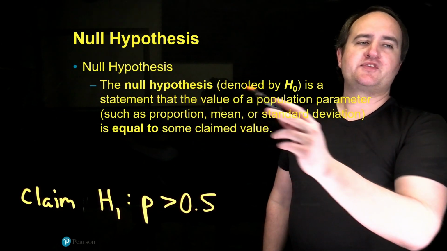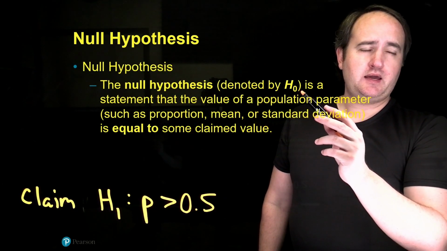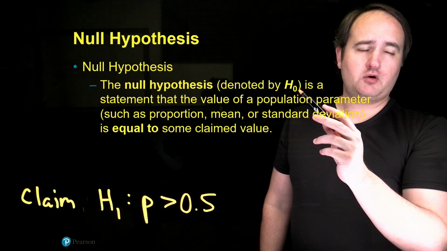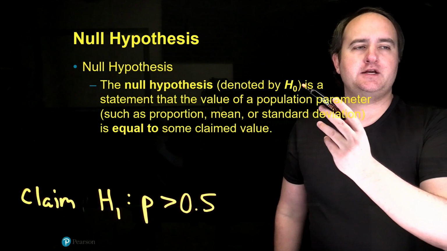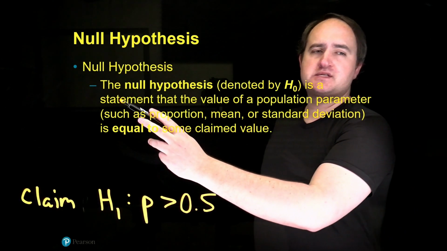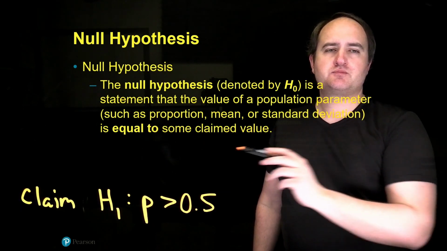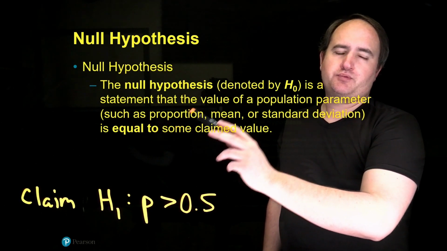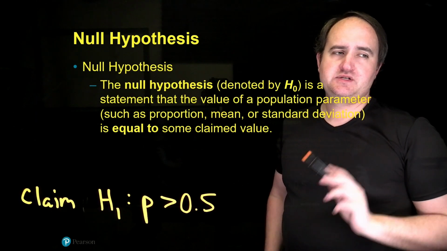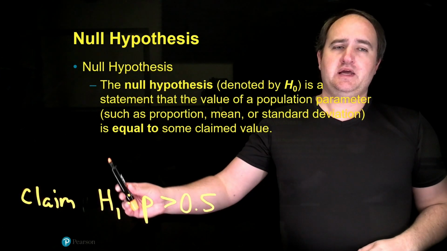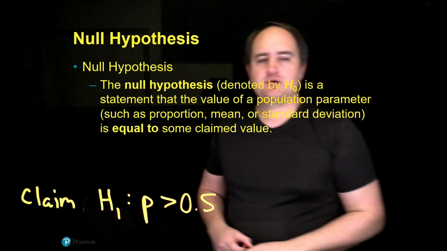So the null hypothesis, denoted by H0, or people like to say H naught. Okay, so H0 is a statement that the value of a population parameter, such as the proportion, which we're focusing on in this video, the mean or the standard deviation or the variance, is equal to some claim value.